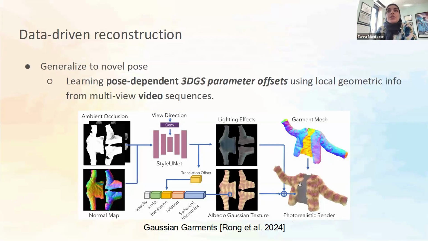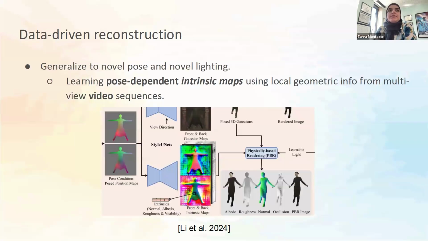So again, it works if you have different view directions, but it would mess up if you have different lighting, because then the material is changed, and they are not editable as well, which is in common with all other neural-based methods like NeRF or Gaussian splatting, where they are not editable. So that's the bottom line.